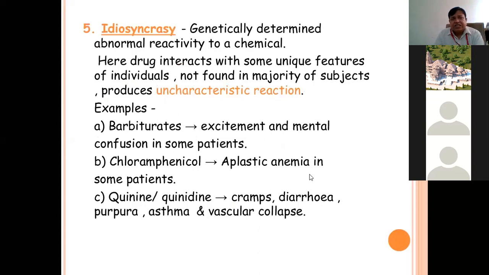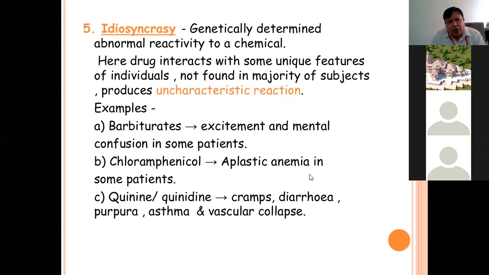Now fifth is idiosyncrasy. In the beginning of the lecture I told you about idiosyncrasy, that is an extra response to some chemical, a genetically determined abnormal reactivity to a chemical. Here, the drug interacts with some unique features of individuals not found in the majority of subjects, producing an uncharacteristic reaction.